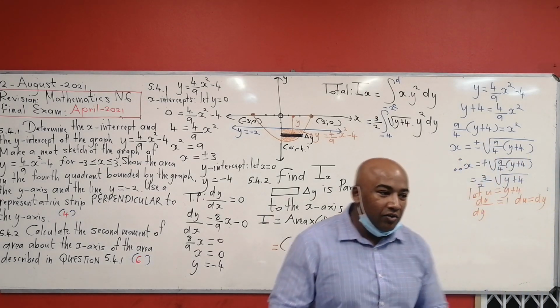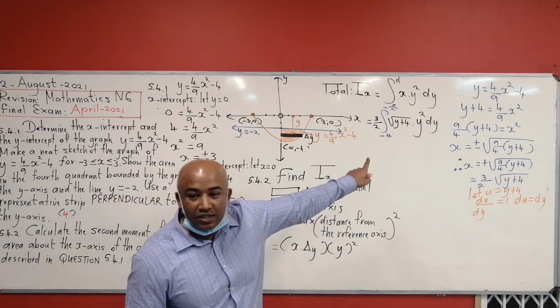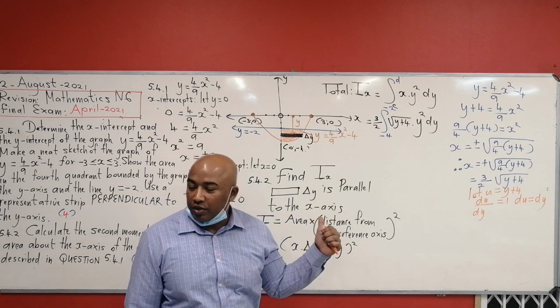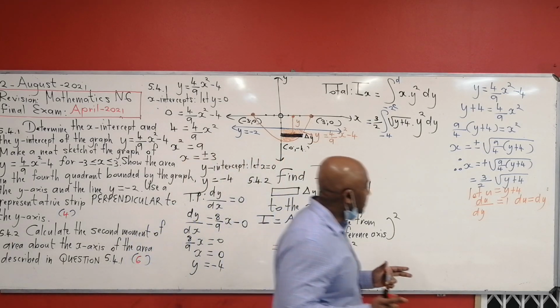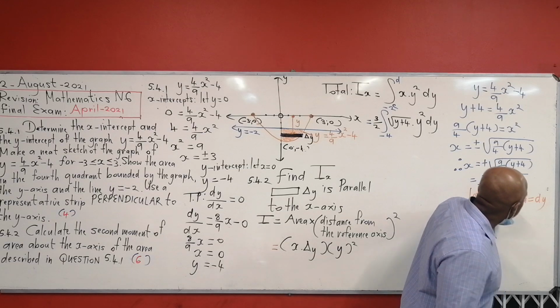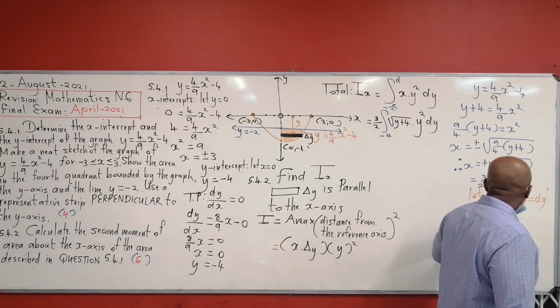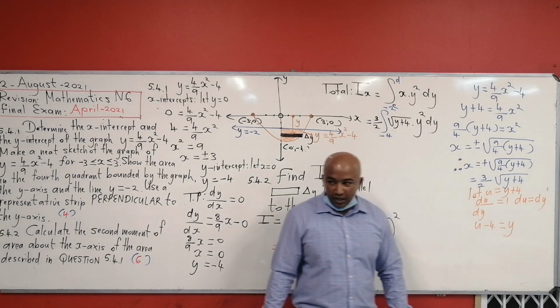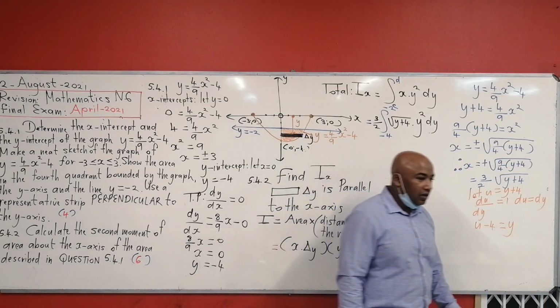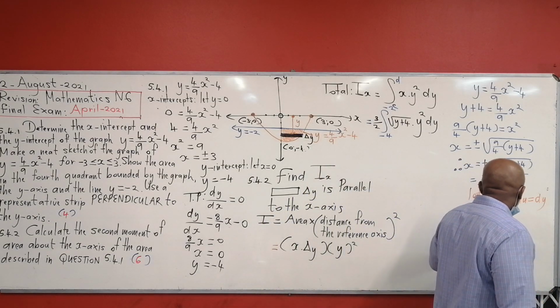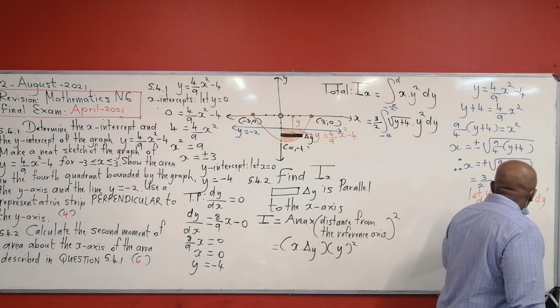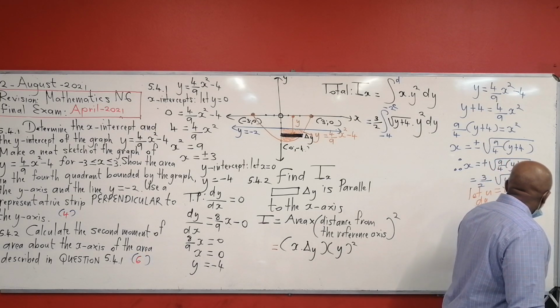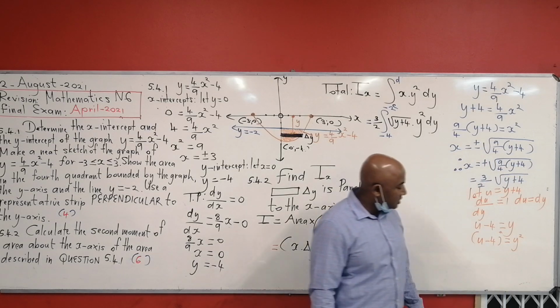Now we need to get y squared in terms of u, because everything needs to be in terms of u. So if u is equal to y plus 4, that means u minus 4 is equal to y. Clear with that? So now, square both sides, u minus 4 all squared is equal to y squared.